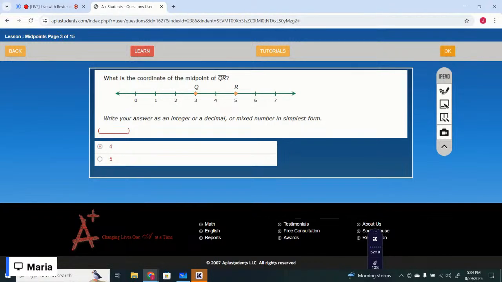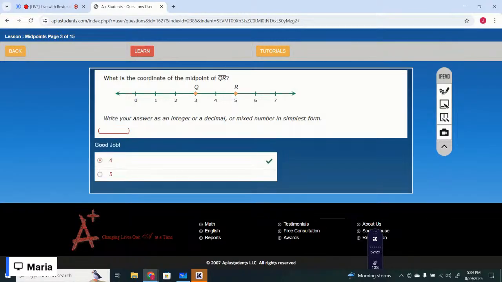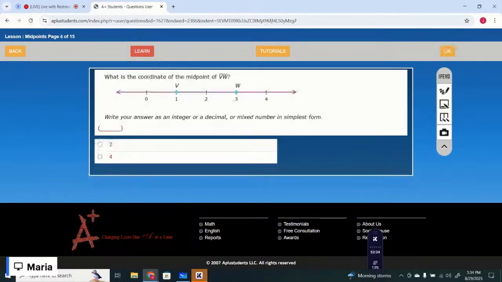Option number 1 is the correct option. What is the coordinate of the midpoint VW?